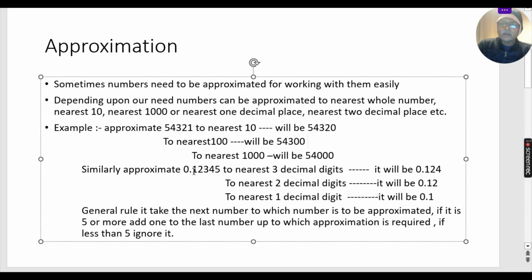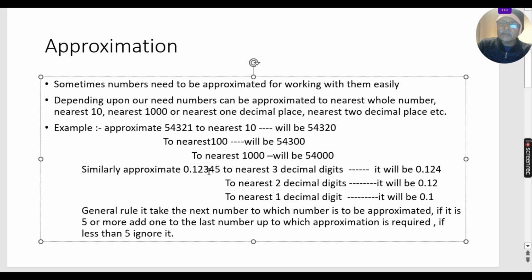So when we approximate it to nearest 3 decimal places, it will be 0.124. Why? Before answering why, let me tell you the general rule of how we approximate.